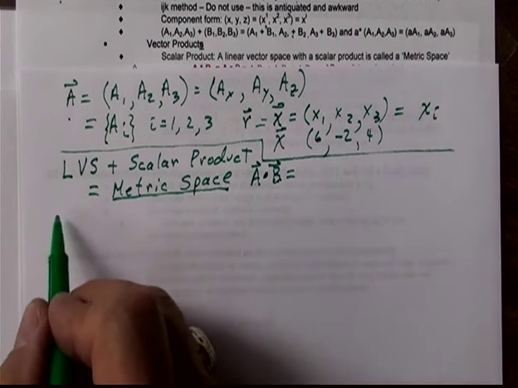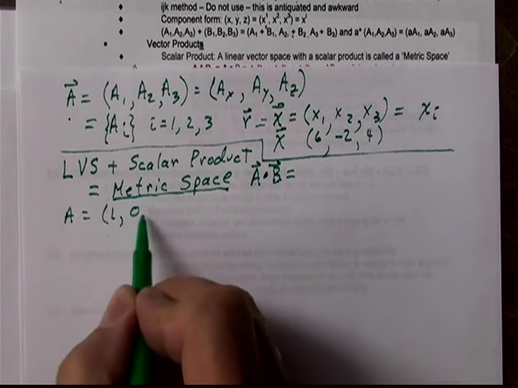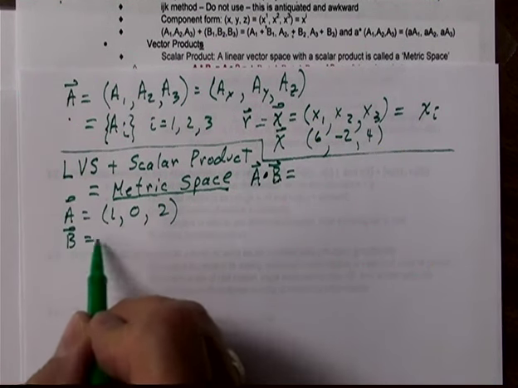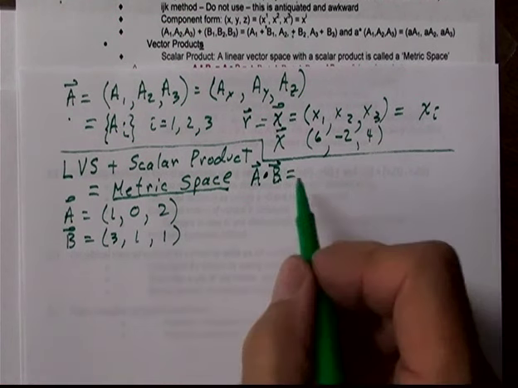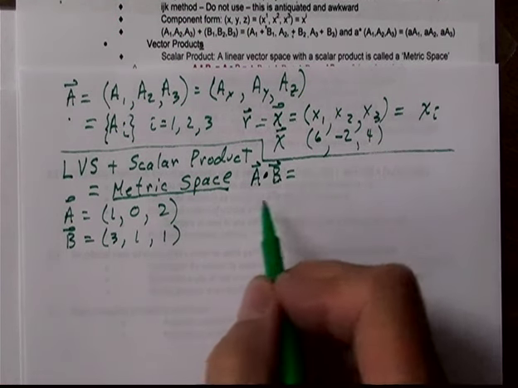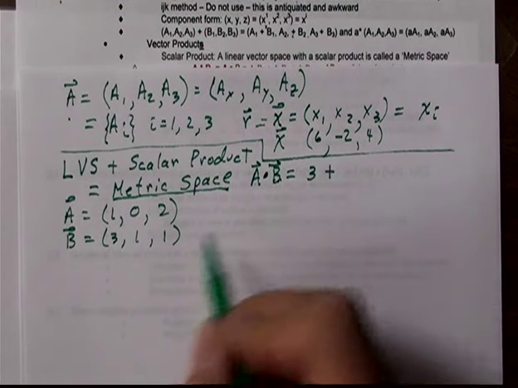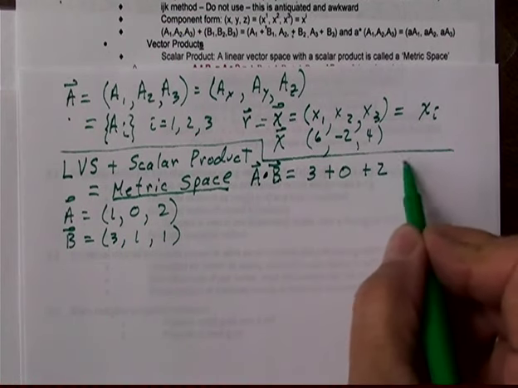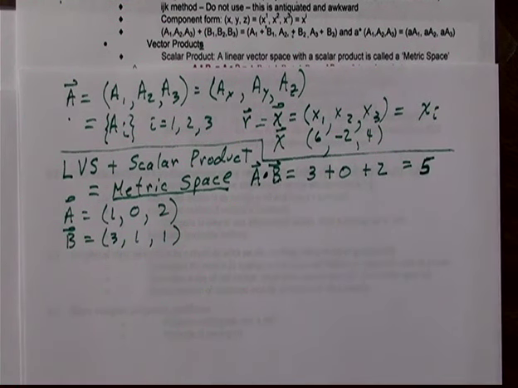So if our two vectors, A is equal to 1, 0, 2, and the second vector B is equal to 3, 1, 1, then A dot B is written as 1 times 3, which is 3, plus 1 times 0, which is 0, plus 1 times 2, which is 2, and this gives us 5. So the dot product is equal to 5.